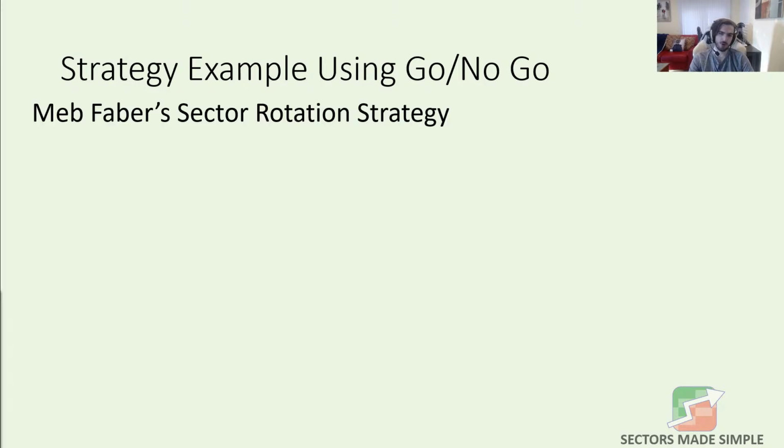The example that I want to use is a sector rotation strategy by a guy named Meb Faber. Many of you have probably heard me talk about him before, but he wrote an amazing trading strategy using sectors and looking at market sectors.